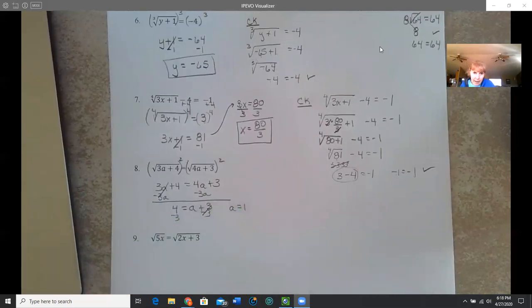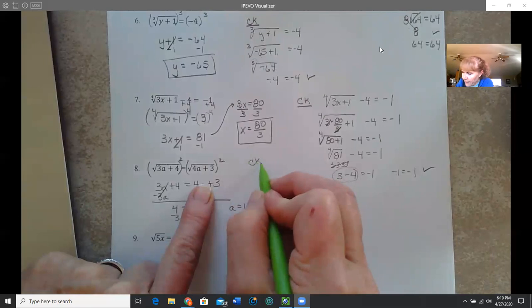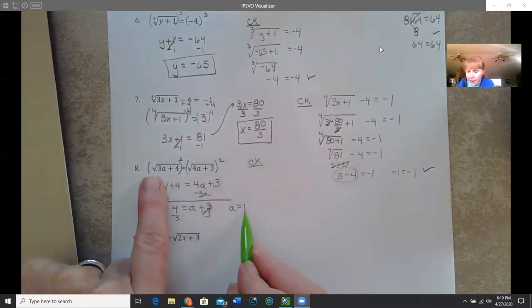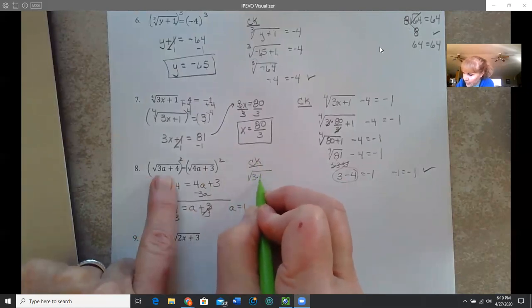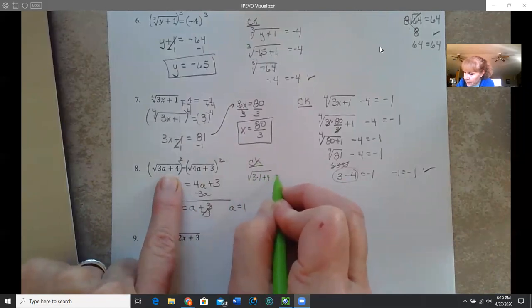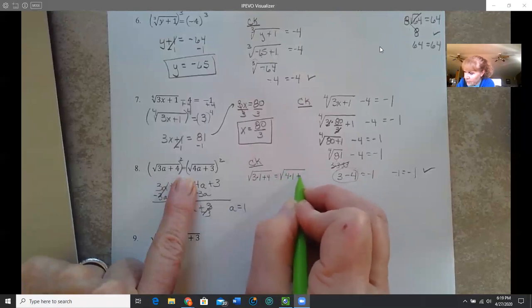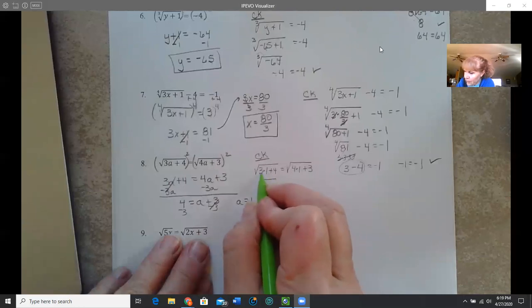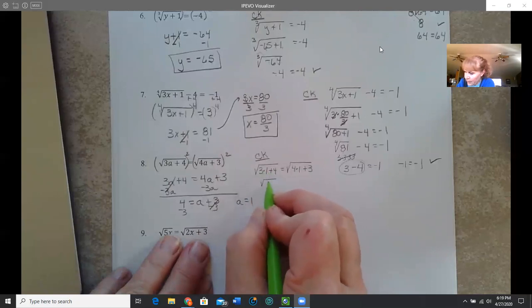And we have to do a check. I'm sorry, I'm kind of running out of room. I think maybe I could put the check right here, but I don't think I'm going to copy it over. I'm just going to go ahead and put the 1 in for a. So I'm going to have the square root of 3 times 1 plus 4 equals the square root of 4 times 1 plus 3. 3 times 1 is 3. 3 plus 4 is 7.